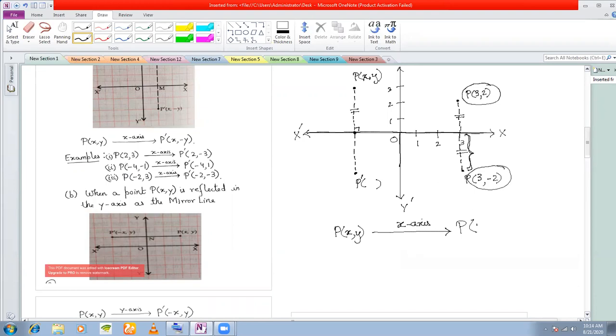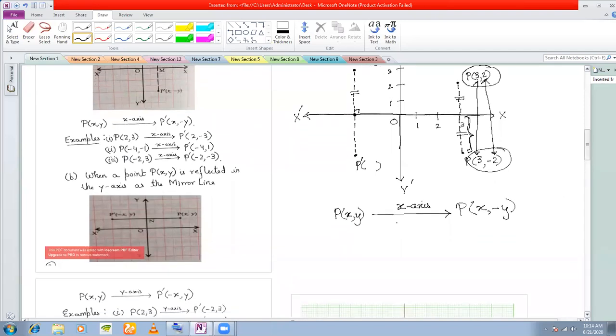So that means the x coordinate remains the same. This x coordinate 3 is 3. The sign of the y coordinate only changes. Therefore, any point P(x, y) gets transformed to P(x, -y).